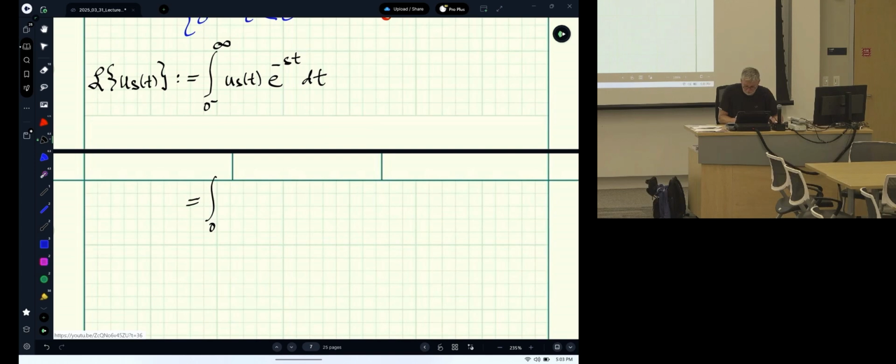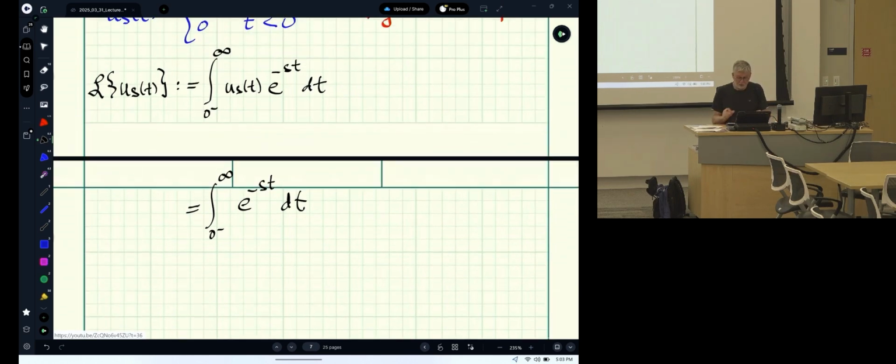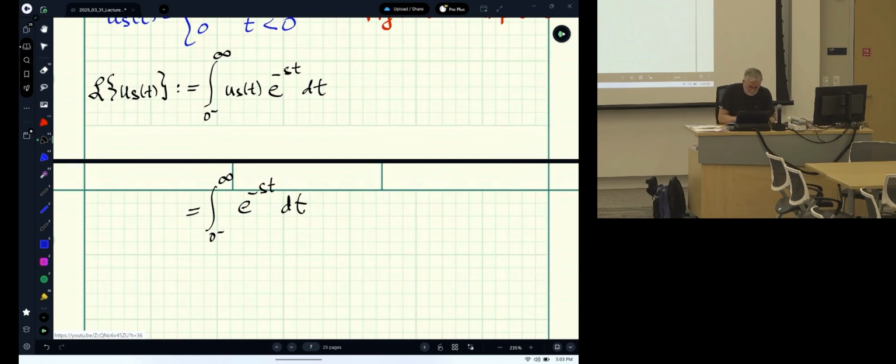So 0 minus to infinity. If you'll forgive me for not putting a 1 dot, just assuming you get it, that there's a 1 there, or maybe I can just put it there.